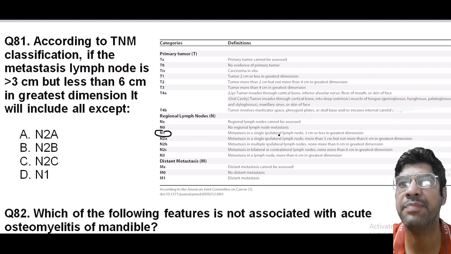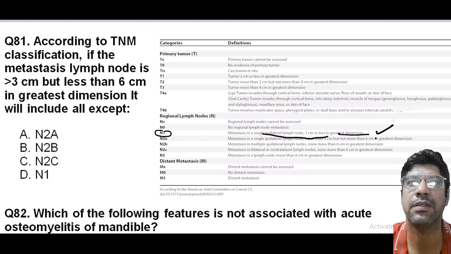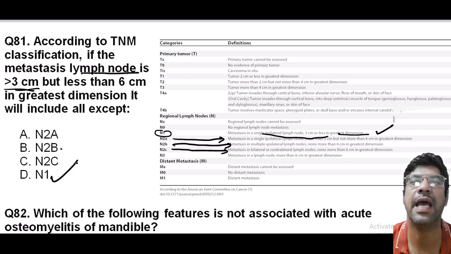N1 is metastasis in a single ipsilateral lymph node 3 cm or less in greatest dimension. If the metastasis is more than 3 cm as asked in the question, N2B, N2C, N2A follow all these criteria. So the answer is D, N1.